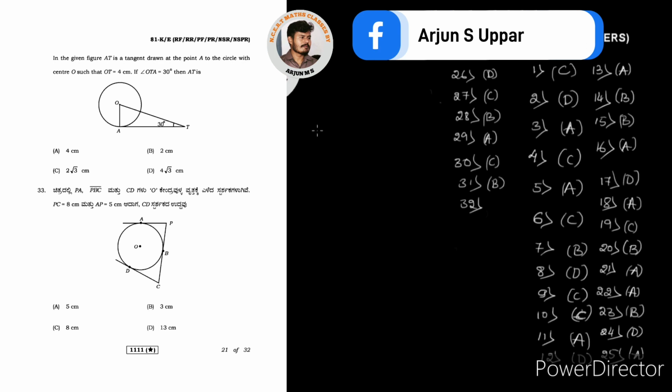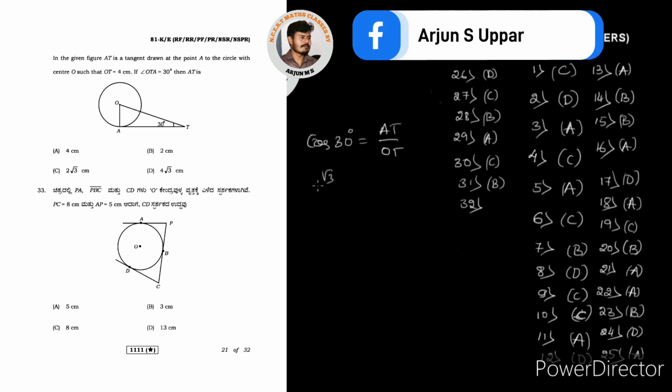By using a ratio, that particular ratio should include hypotenuse as well as adjacent, right? So by using cos ratio, cos 30 degree is equal to adjacent by hypotenuse. That's why AT by OT, right? Now what is the value of cos 30?